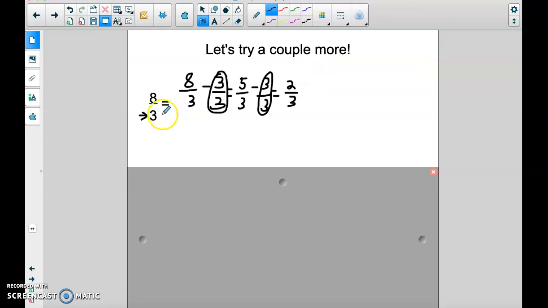So then I know that 8/3 is equal to 2 wholes, right? I've got 1 whole here and 1 whole here, and an extra 2/3.